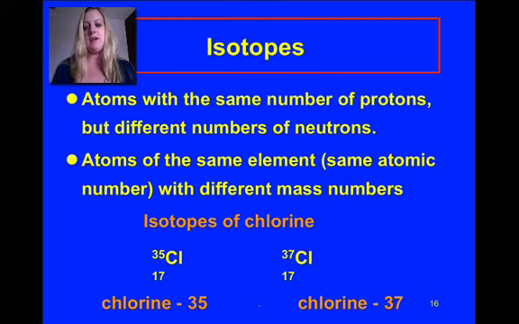Okay, so here we would say that the 37 is the isotope here. So in the first one, the naturally occurring one, we would have 18 neutrons, but in the isotope of chlorine, we would have 20.